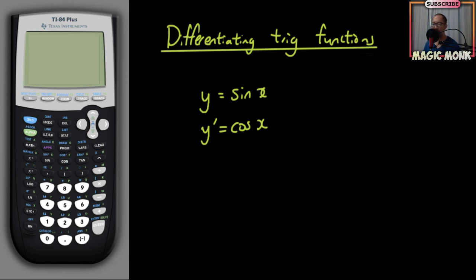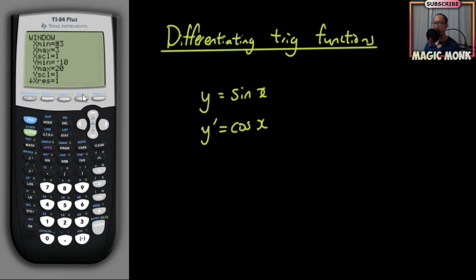But if you draw a sine curve on your graphics calculator, I'm just going to turn it on, clear everything, and draw a sine x curve. So y equals sine x, and then graph that. If it looks weird, just go into window and change things.